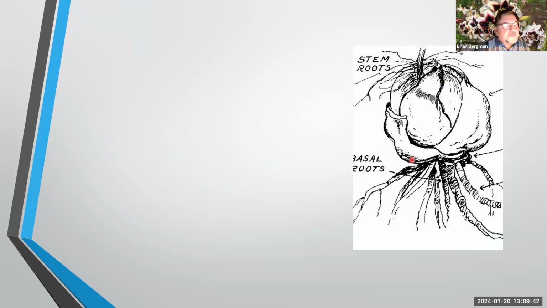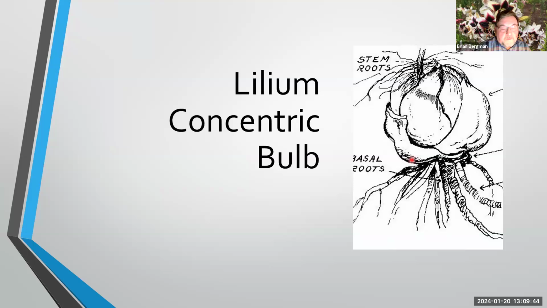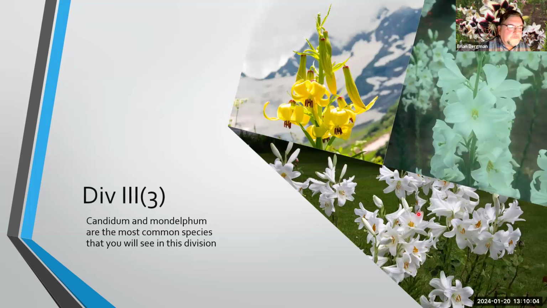And a reminder, the lilies arise from a concentric bulb. The Asiatic and Euro-Caucasian lilies rise from a bulb with basal roots and stem roots. Okay, let's get started. We're going to start with Division 3.